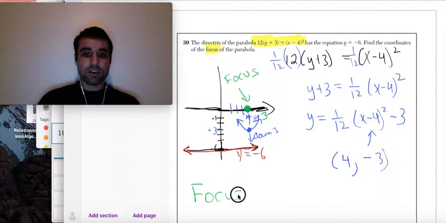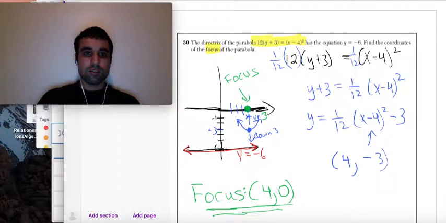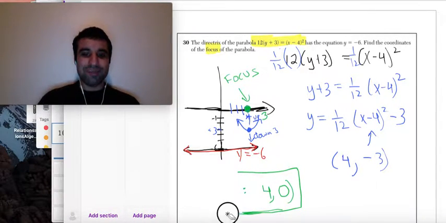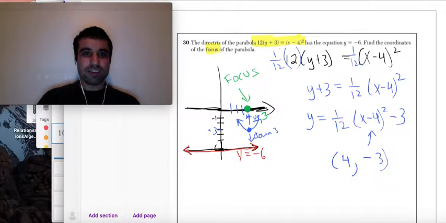I honestly think that should get full credit, except we have to state the coordinates. And let's neaten that out a little bit. Nice little comma. I think we're done. Let me neaten that out, guys. I don't like the way that came out. I'm sorry, I'm being fussy.